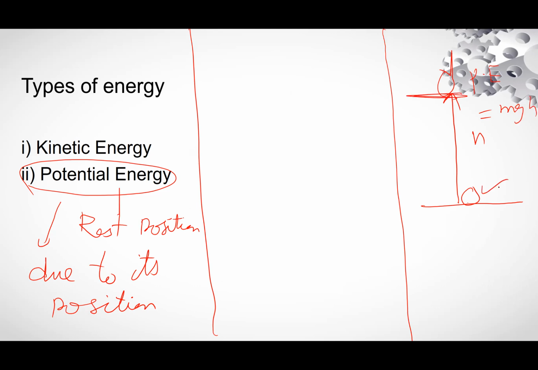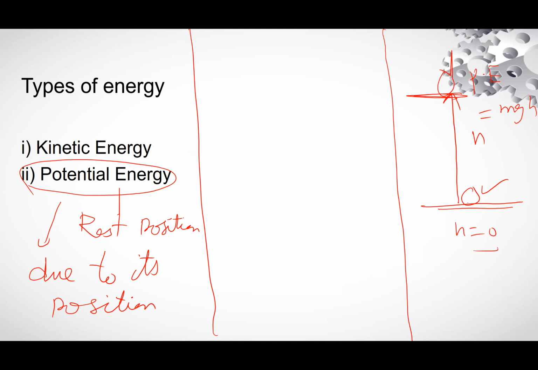If the body is lying on the earth surface, potential energy will be zero because height from the earth surface is zero. Now, as we know that work is the dot product of force and displacement.